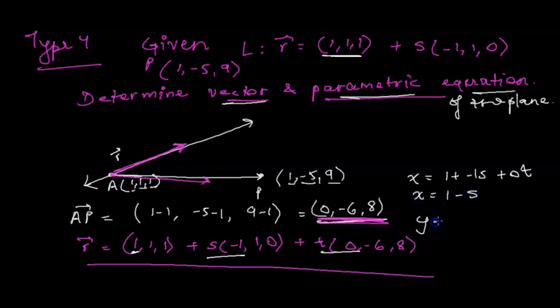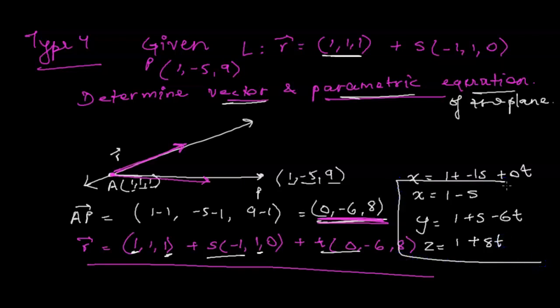That's it. y would be equal to 1 plus s minus 6t, and z would be equal to 1. Because it's 0 times s, we don't have to put s there, and this is 8t, so it's 1 plus 8t. So this is how the parametric equation looks.